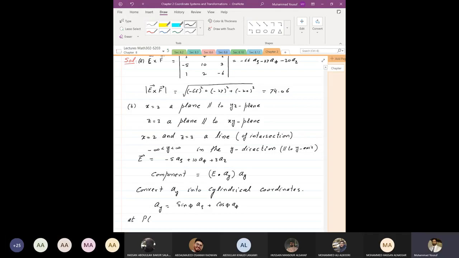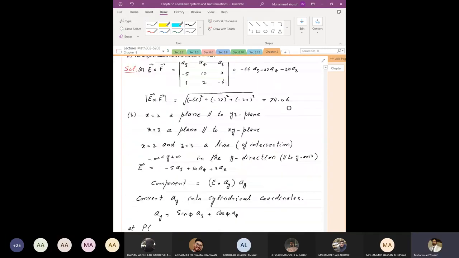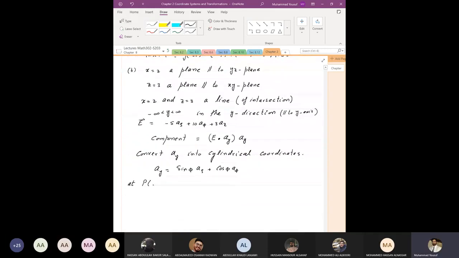At the point given here, at the point 5, pi over 2, and 3, this unit vector a_y will be, there is no rho here, pi over 2, sine pi over 2 is 1, so this is a_rho only, and plus cosine pi over 2 is 0, so 0 a_phi.